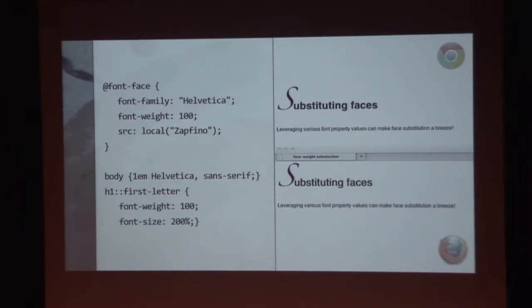So, still, it's kind of a useful trick. I've used it on occasion, at least in tests, to not swap in a swashy font, but as an example, to take Helvetica and then swap in a Gotham first letter. Sometimes can be very nice.